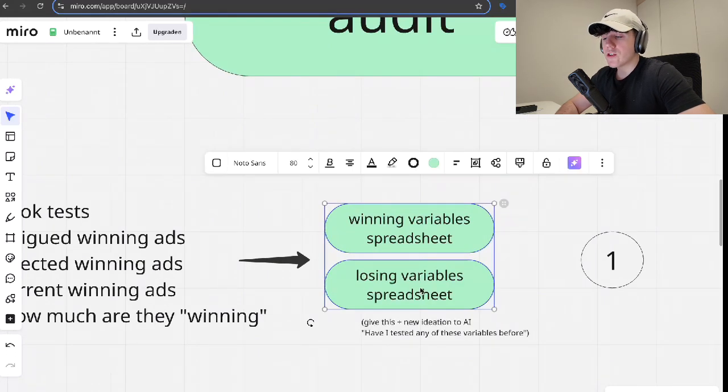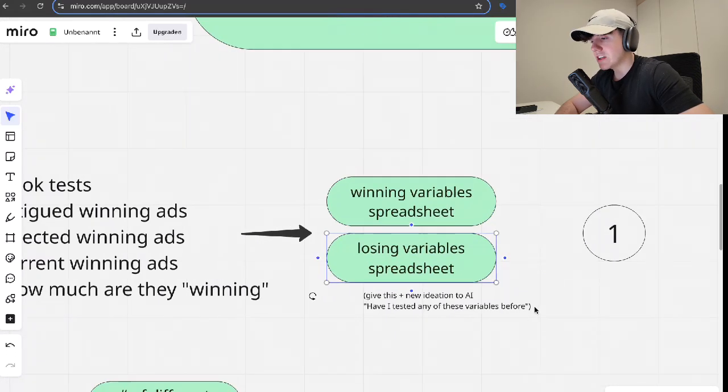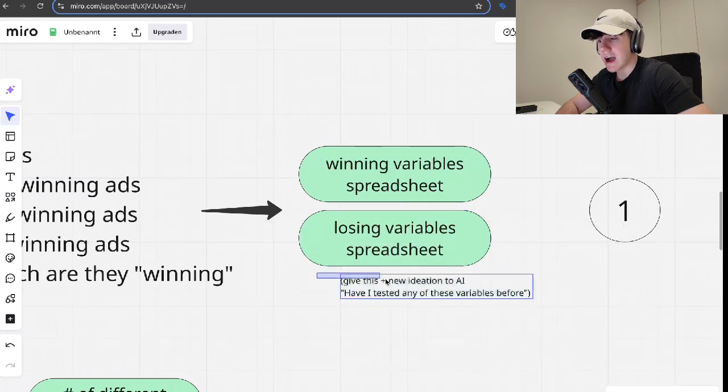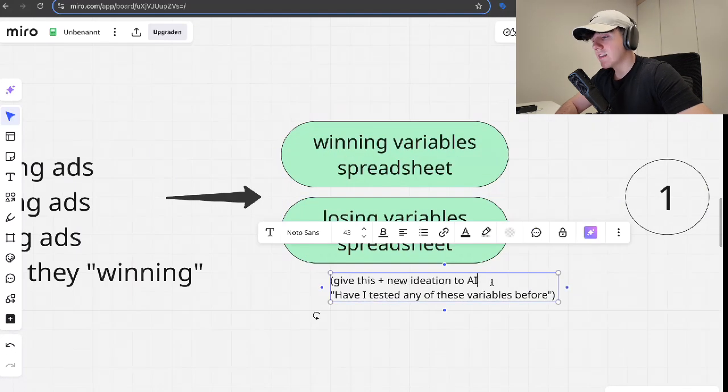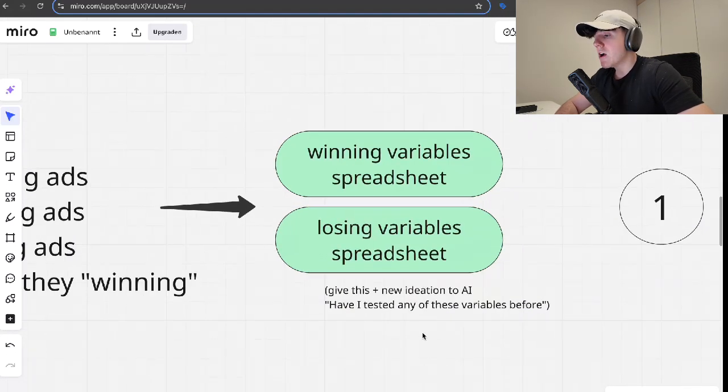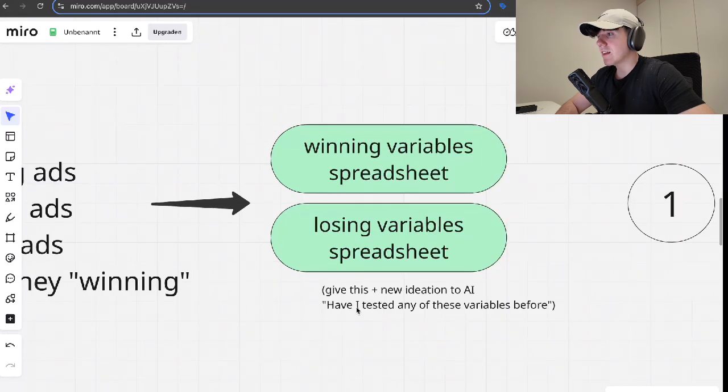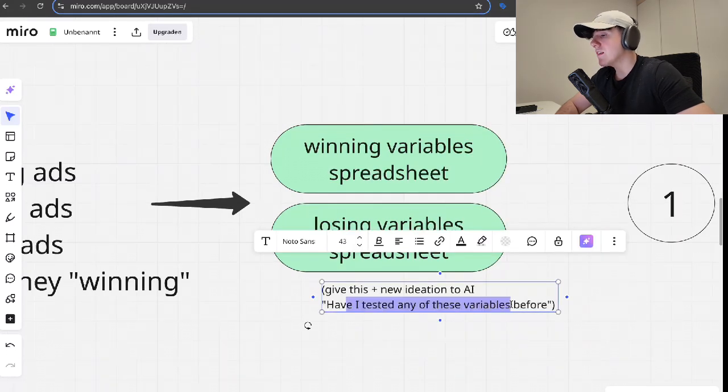The reason we do a separate losing variables spreadsheet is because you can give this to AI. Let's say you upload your entire losing variable spreadsheet, and then the new ideation that you or the creative strategist made, and ask AI, hey, have I tested any of these variables before? You want to find out, have I repeated any of my mistakes again?